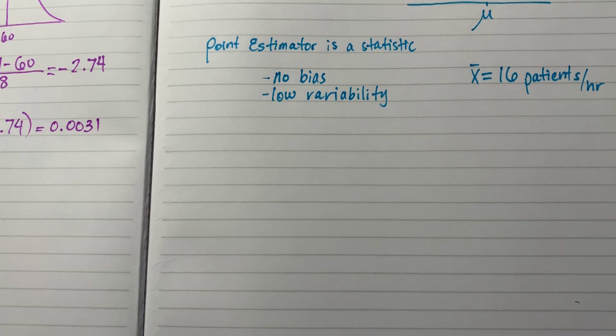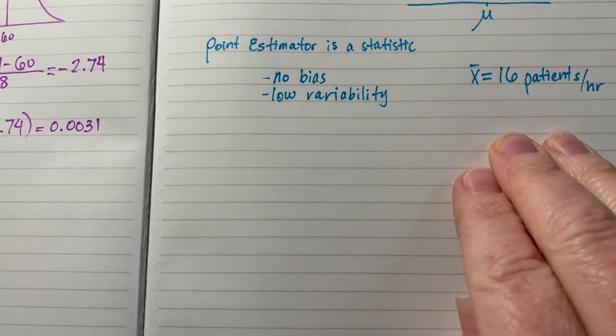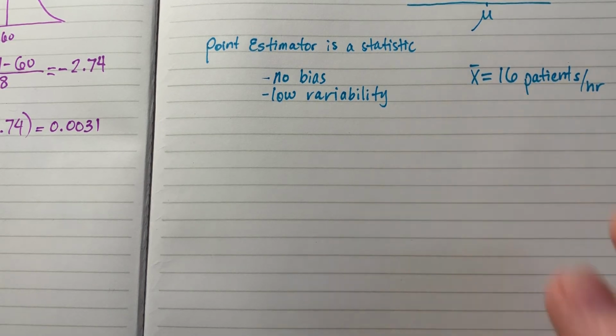Probably not. However, if the sample mean is around 16 patients per hour, I could guess that my mu is going to be somewhere in the vicinity of this point estimator. And what's important is how close this bit of information is to the actual mu.